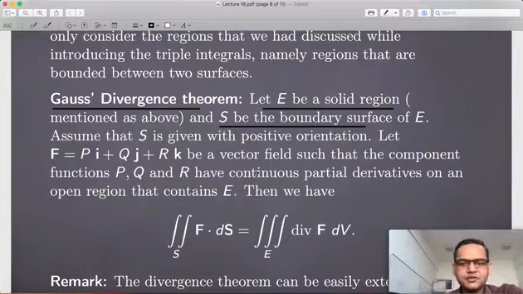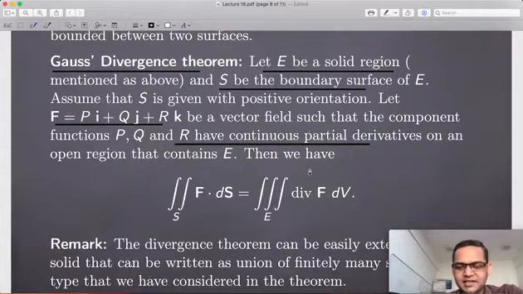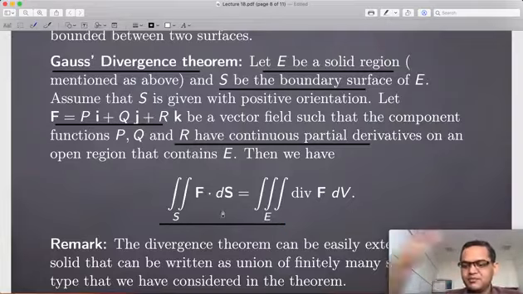Then you consider a vector field whose component functions have continuous partial derivatives on a slightly larger region containing this solid. Then the triple integral over this solid region of the divergence of the vector field is the same as the surface integral of the vector field over the boundary surface.